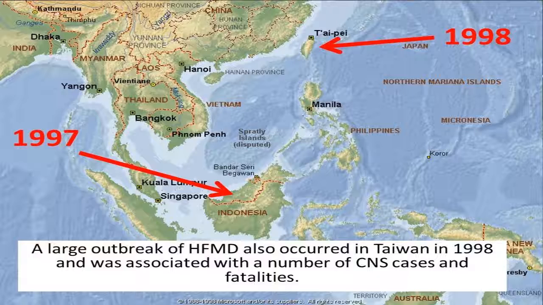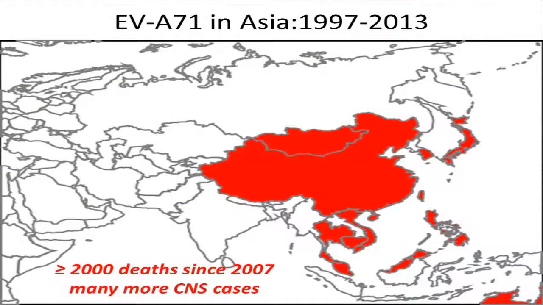I think Taiwan followed us the following year and reported a very nasty outbreak in 98. Since then, you have the whole Asia-Pacific region and China reporting huge amounts of HFMD outbreaks associated with EV71, recording several thousand deaths in total and many more CNS cases.